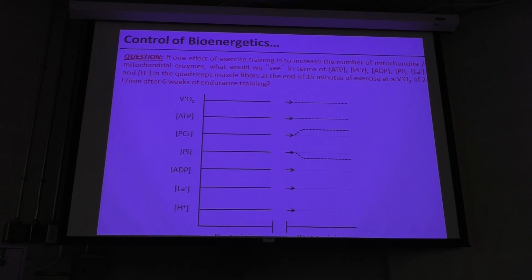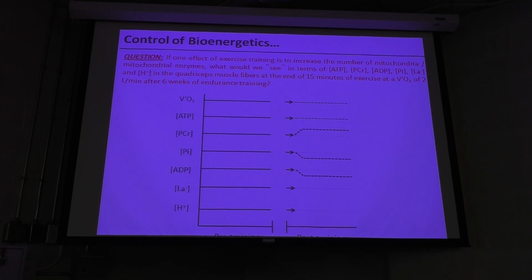What would the ADP levels look like? Again, think of it this way. ADP is a stimulant to glycolysis, so the rate of glycolytic flux is lower, we have lesser of a stimulant, so the ADP levels would be lower. What would happen to intramuscular lactate or even blood lactate levels?